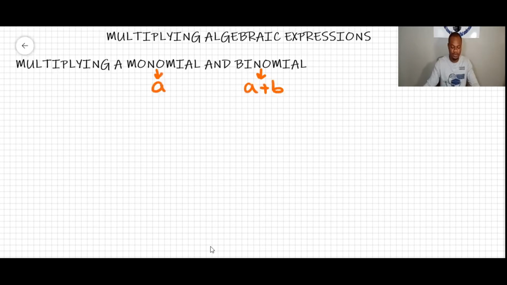Okay, so how do we then multiply a monomial with a binomial? This is the property called the associative property. So if you have a times (b plus c), this is equal to a times b plus a times c.